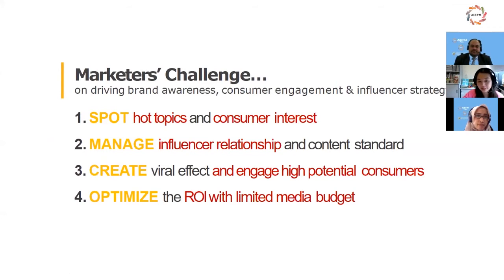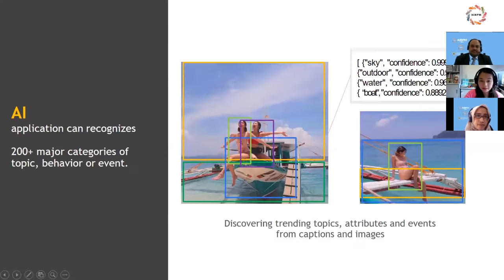The third thing is to create and engage the high potential customer. The last thing is how to optimize your ROI with limited media budget. So from this example, you can see that we are using an AI application that can recognize more than 200 major categories of topics, behavior, or events.